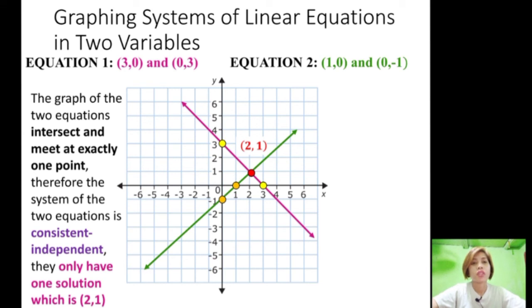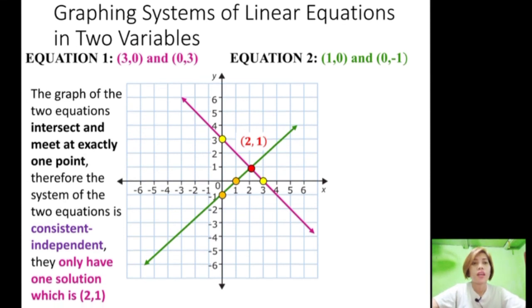So, therefore, the system of the two equations here is consistent independent. Okay, ang tawag po dyan ay consistent independent. And they only have one solution, which is 2, 1.